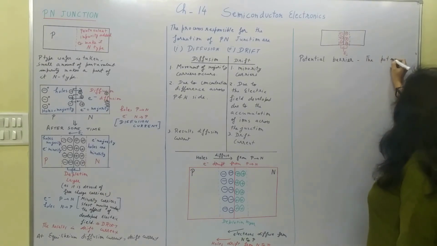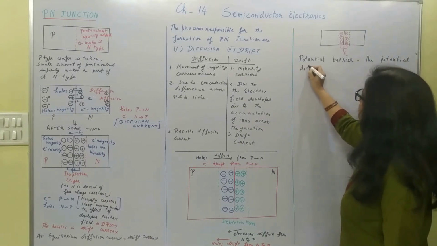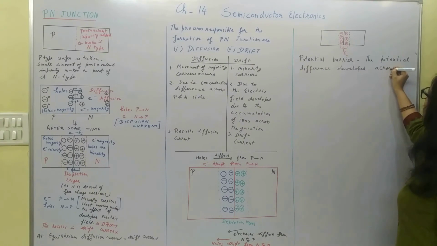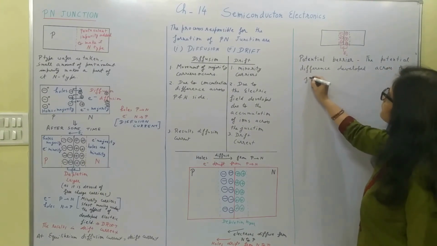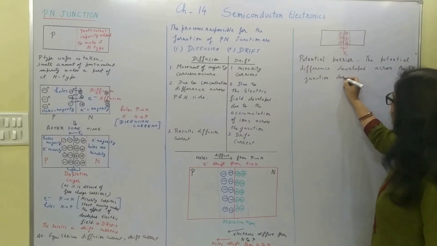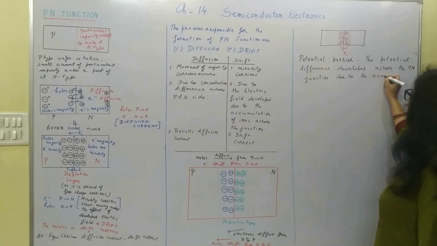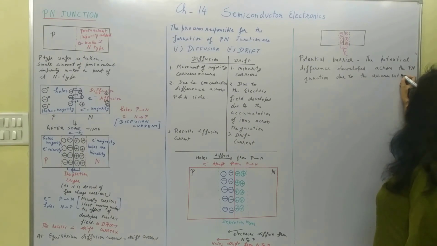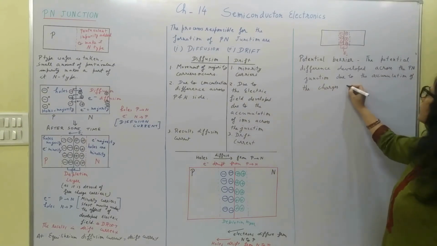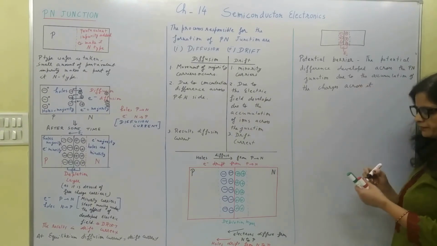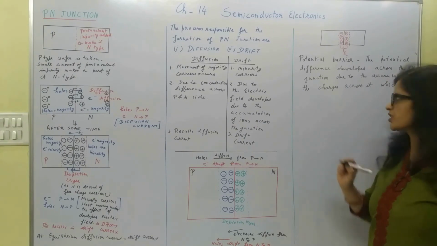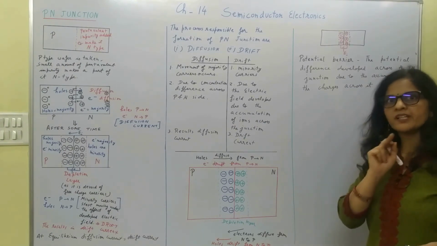This is the potential difference developed across the junction, across the PN junction due to the accumulation of the charges across it, which prevents further flow of free charges across the junction, or you can say which prevents the further flow of majority carriers across the junction.